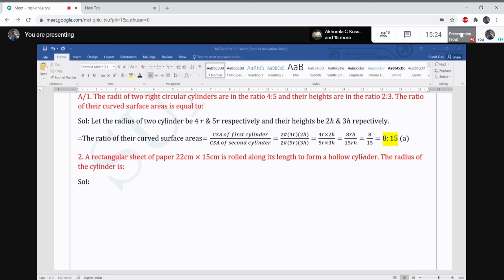It is rolled along its length to form a hollow cylinder. You can see, if you take any A4 paper and roll it, we can make a hollow cylinder. You can try this yourself.